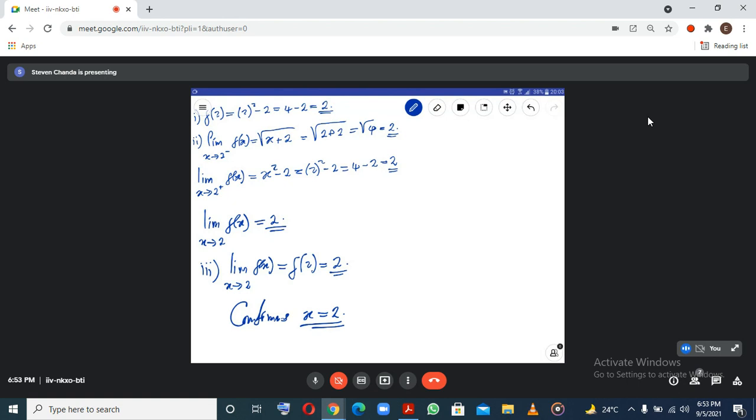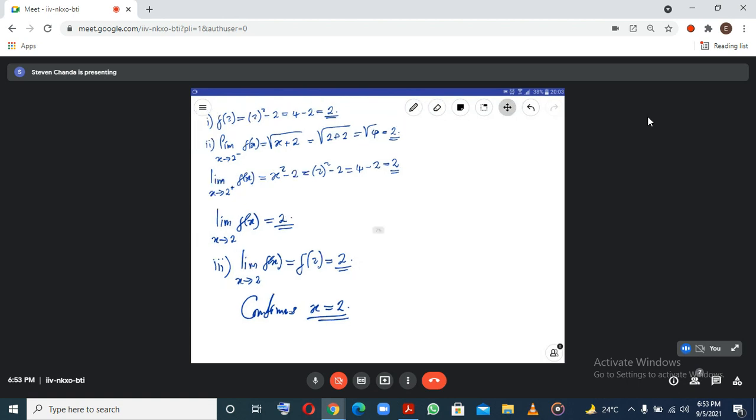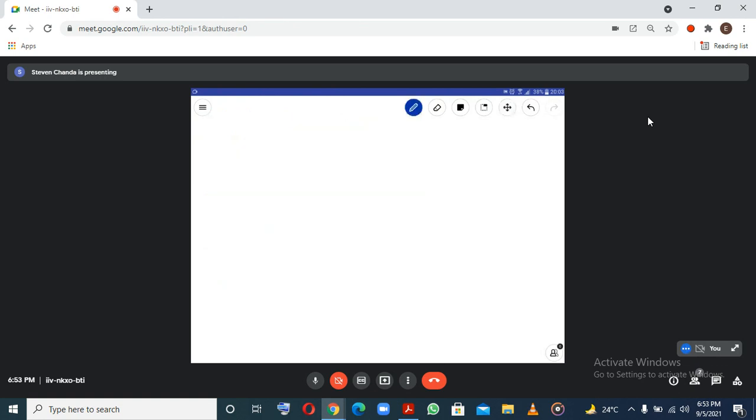So let's now go to the second part of our question. Again, like we said, which equation are we going to use to find the value of f of 3? We use this particular part which has x being greater or equal to 3. Why?